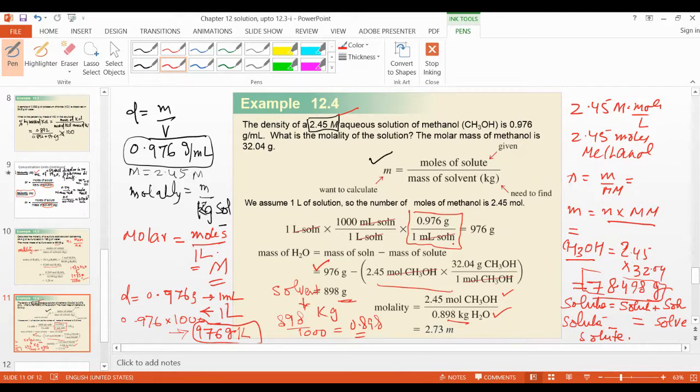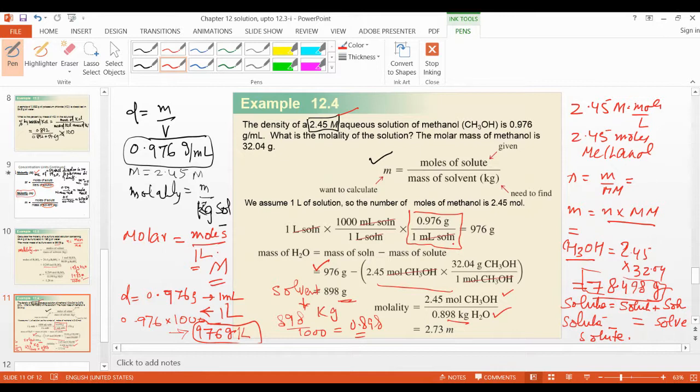But generally, our molarity solution is per liter, right? Because the molarity is given there as 2.45. So that density we have to change to liter. So in a liter, how many grams of the solute are present in 2.45 molar? You just multiply by 1000, and you get the mass in 1000 grams. Then you subtract it from the mass of the solution, that is 898.976 gram per liter.